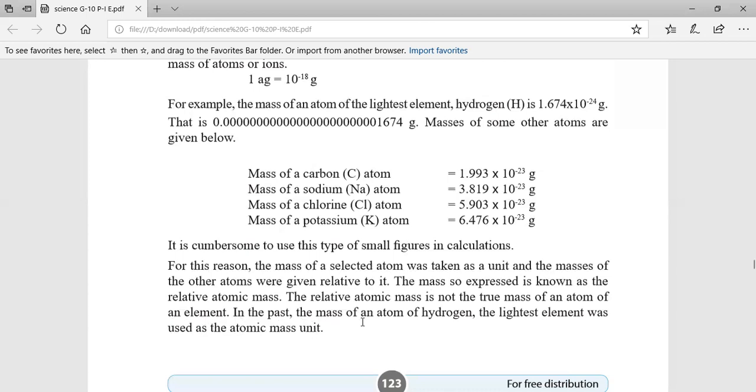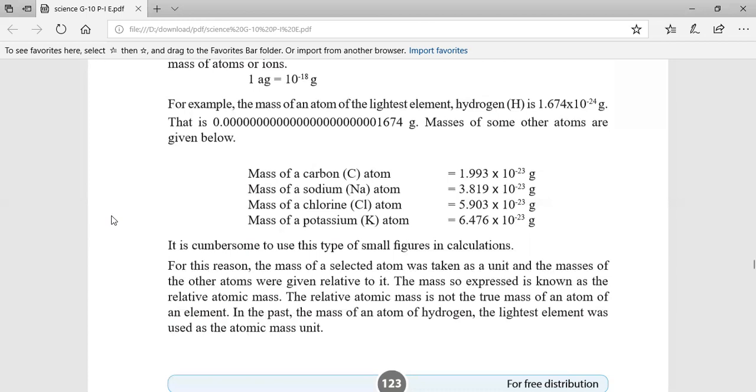In the past, the mass of an atom of hydrogen, the lightest element, was used as the atomic unit. In past days, they used helium, the lightest element in the periodic table.